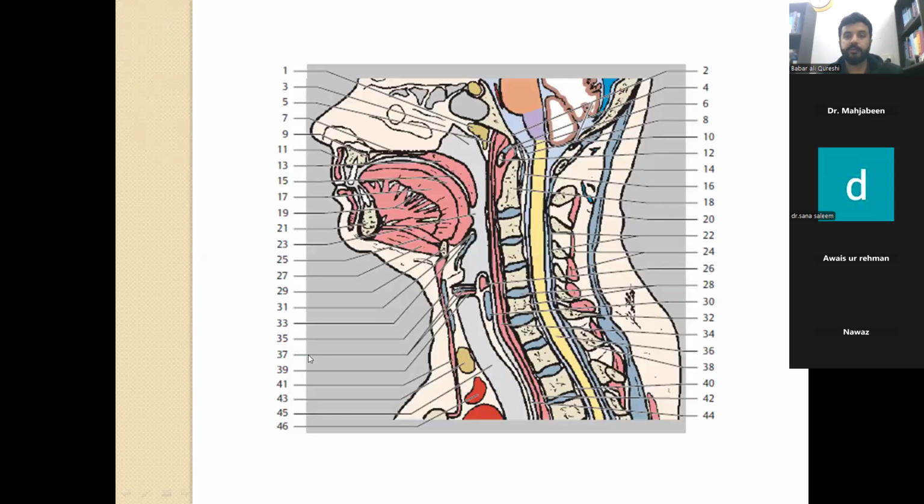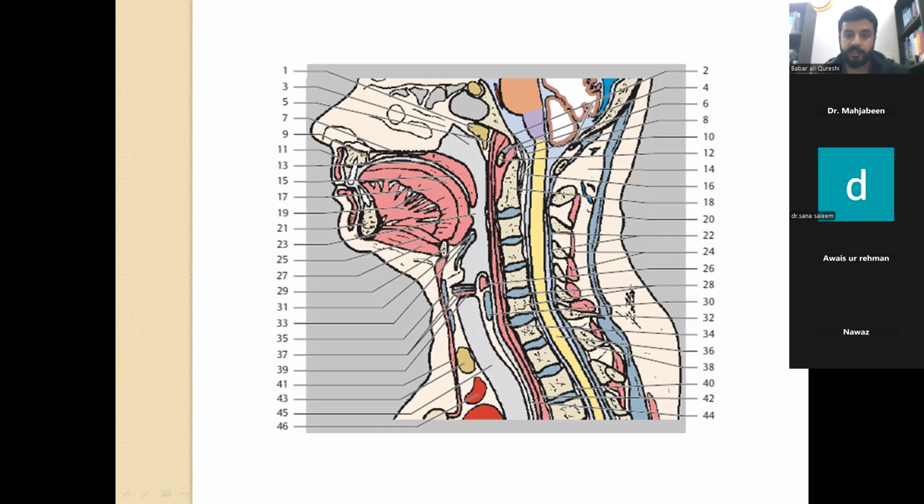Now moving on to the basic structures that we have to look for in the MRI. All right, so let's first start from looking at the major structures.